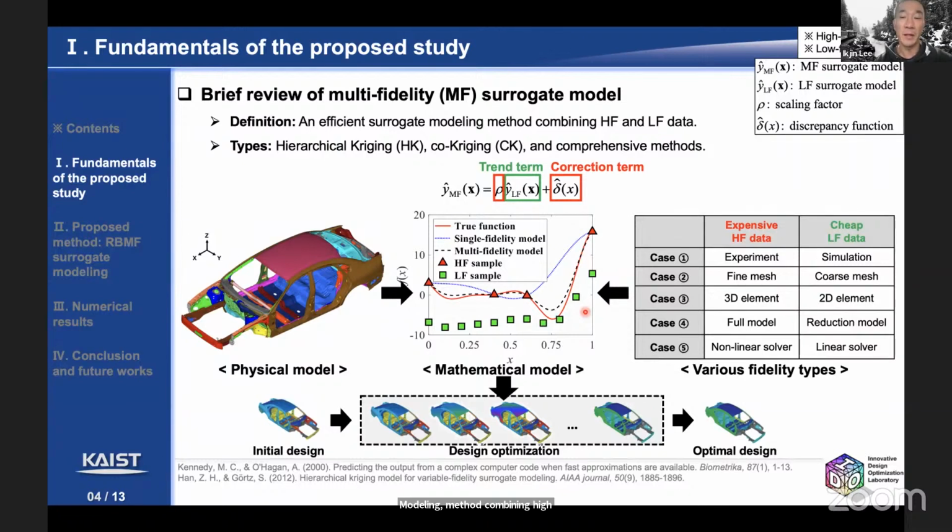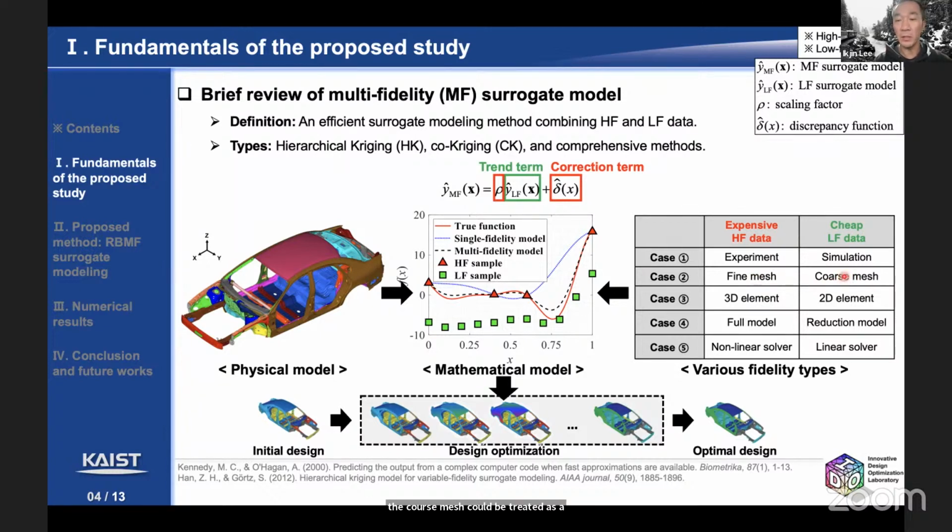fidelity data. And if an experiment is available, then this experiment could be treated as high fidelity data, and the simulation could be treated as low fidelity data. And for the simulation, if we use fine meshes, then that simulation could be treated as high fidelity, and the coarse mesh could be treated as low fidelity.